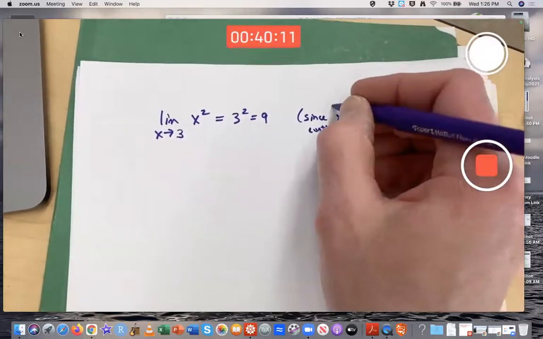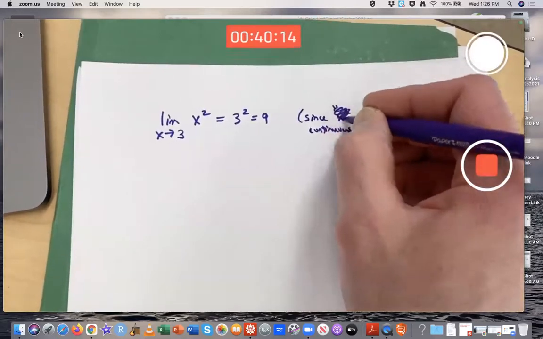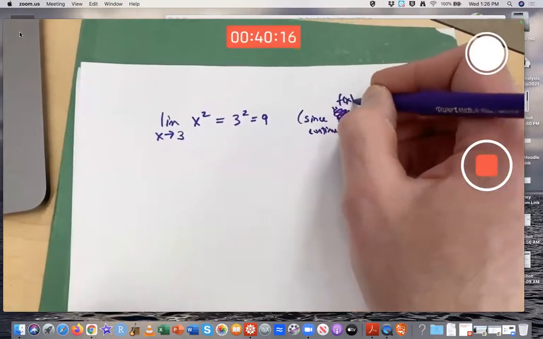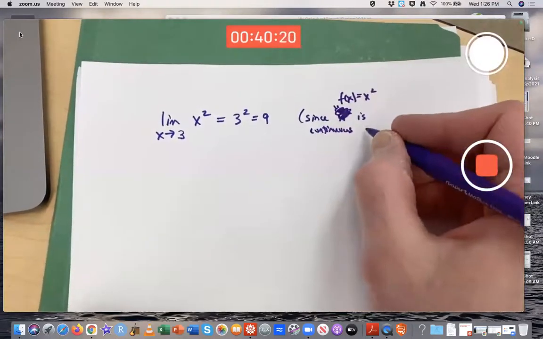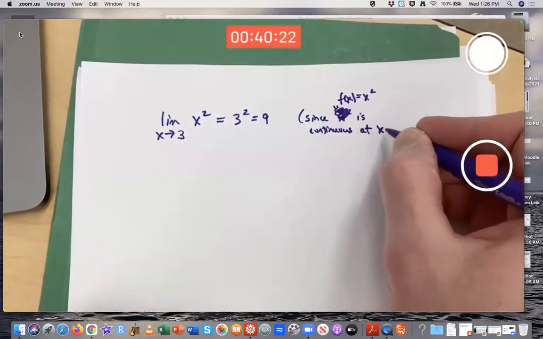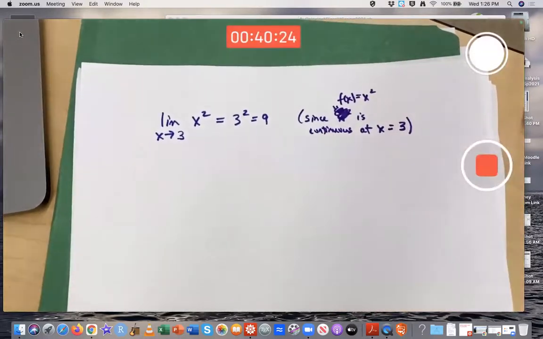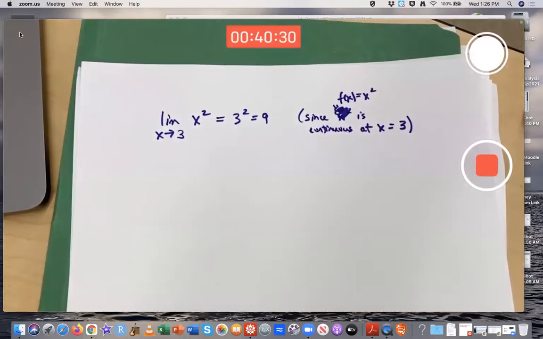Maybe I should. f of x equals x squared is continuous everywhere, and in particular at x equals 3. That means you can evaluate the limit at x equals 3. Technically speaking, we haven't proved x squared is continuous everywhere, but that seems reasonable. When you look at its graph, you can draw it without picking up your pencil. It's not a proof, but it should make it seem reasonable.